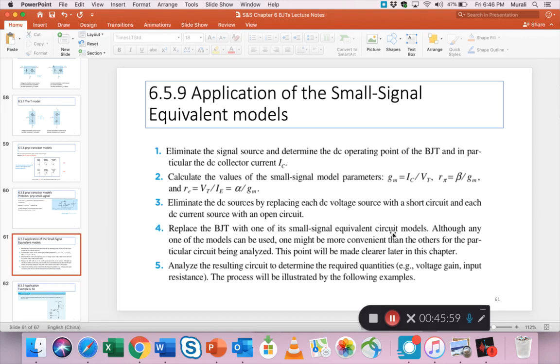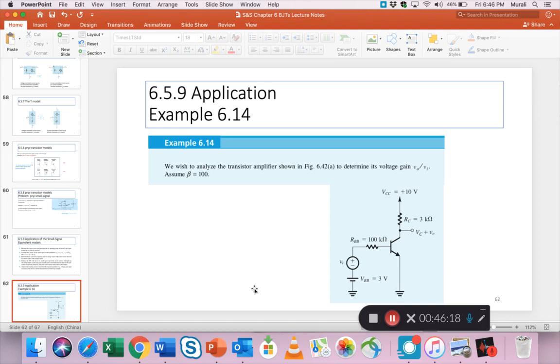So either the pi model or the T model, put that in, and then the last step becomes easy. You can analyze the resulting circuit to determine the required quantities, voltage gain, input resistance, etc. Okay. So there is an example. We will do this, and that will explain how to actually use that 5-step process.